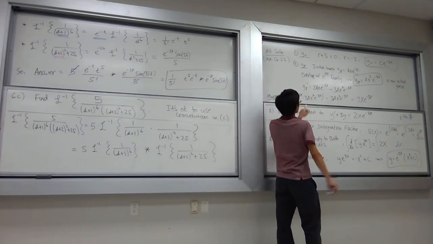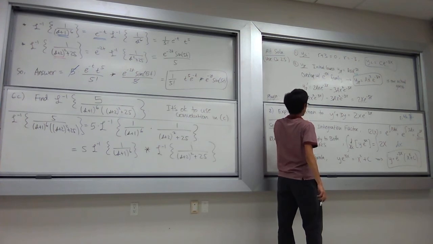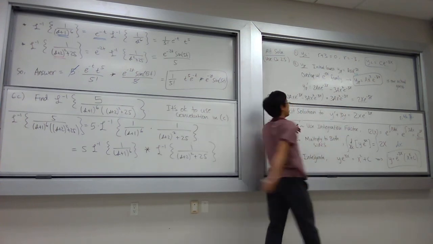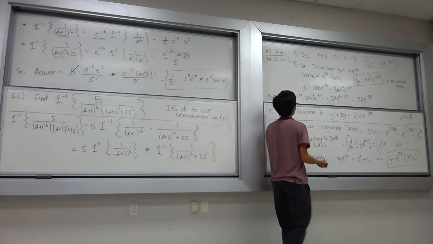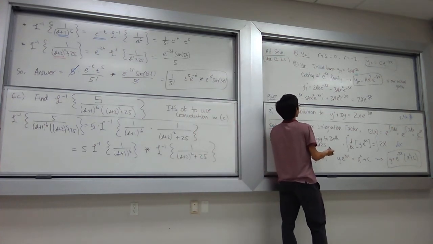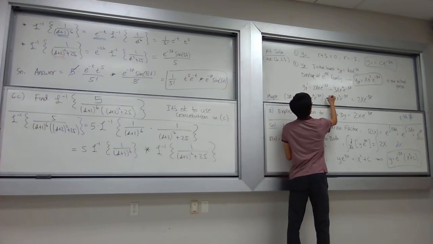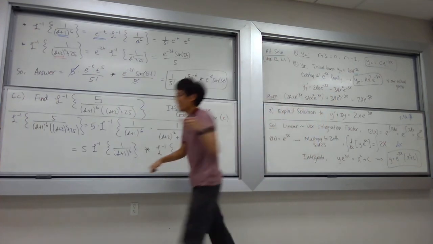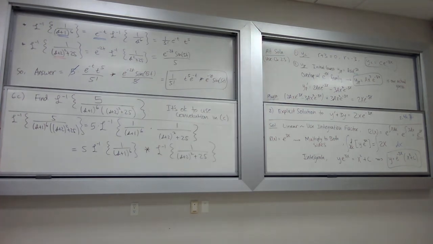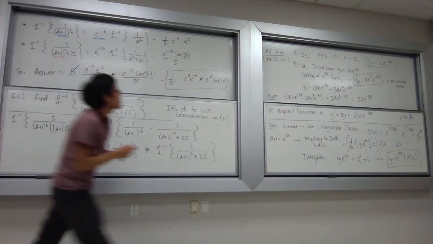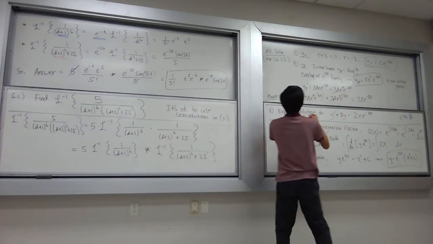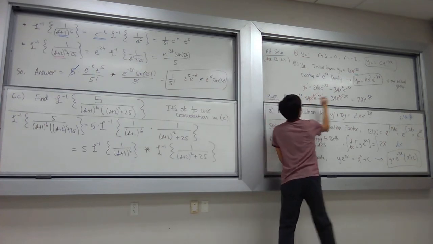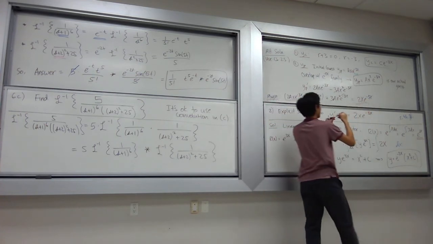Okay, so we have this. So what cancels? Yeah, the x squared terms cancel. And then what we really have is 2ax e to the negative 3x equals 2x e to the negative 3x.